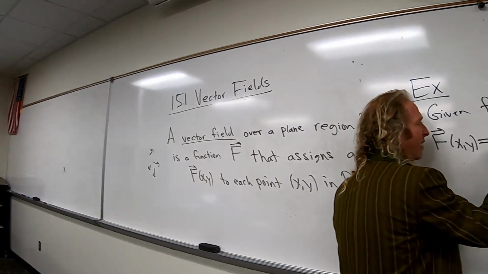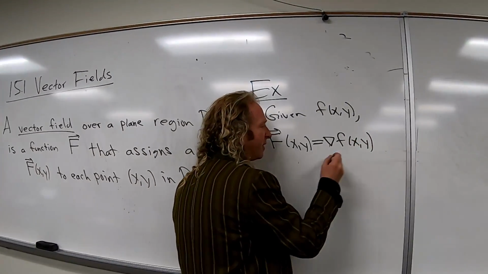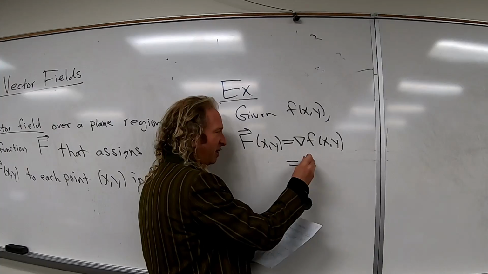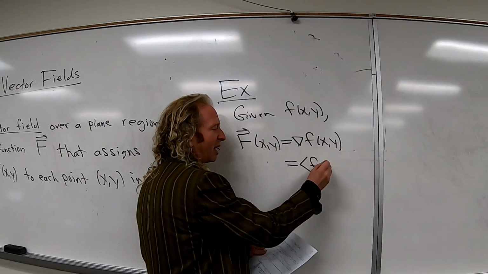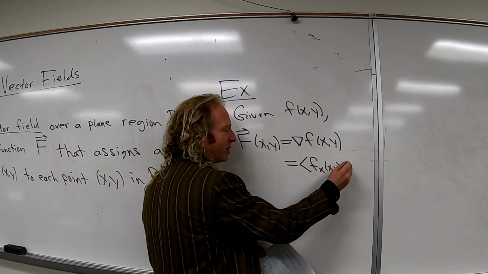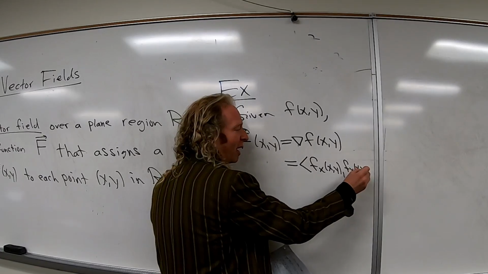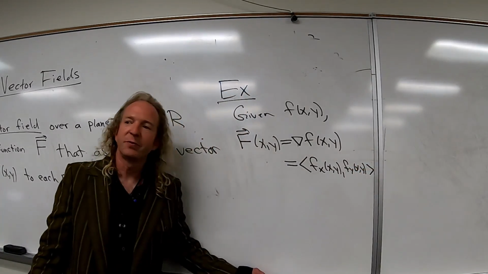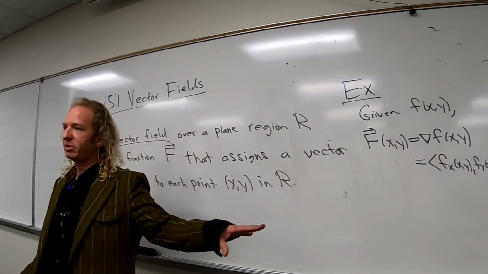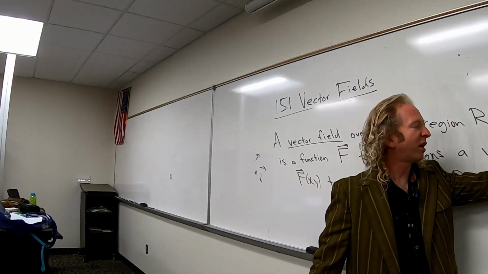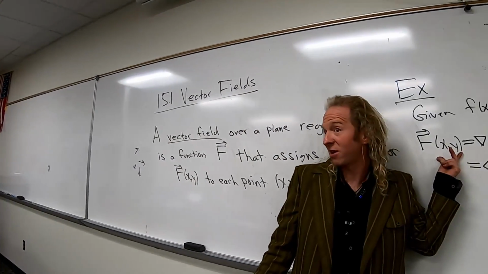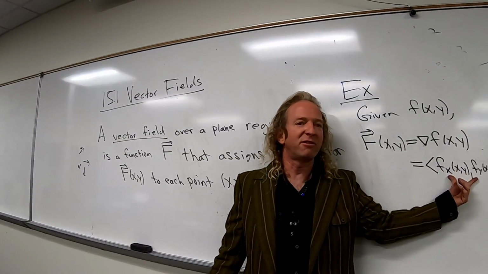So the gradient of f is a vector field. In this case, that would be f_x at x, y, f_y at x, y, in angle brackets. Given a point x, y, you plug it into this function, which is a vector field, and it spits out a vector.